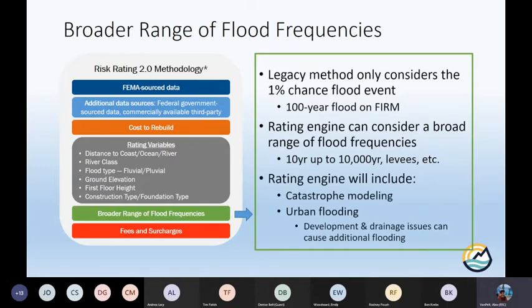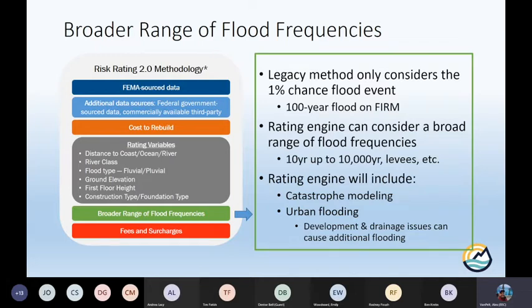The rating engine is also going to include other types of flooding. So catastrophe modeling. Again, when you have a huge number of claims in a very small geographic area over a very short time, it's going to consider that level of flood risk in the premiums where that is most likely to happen. It's also going to look at urban flooding.